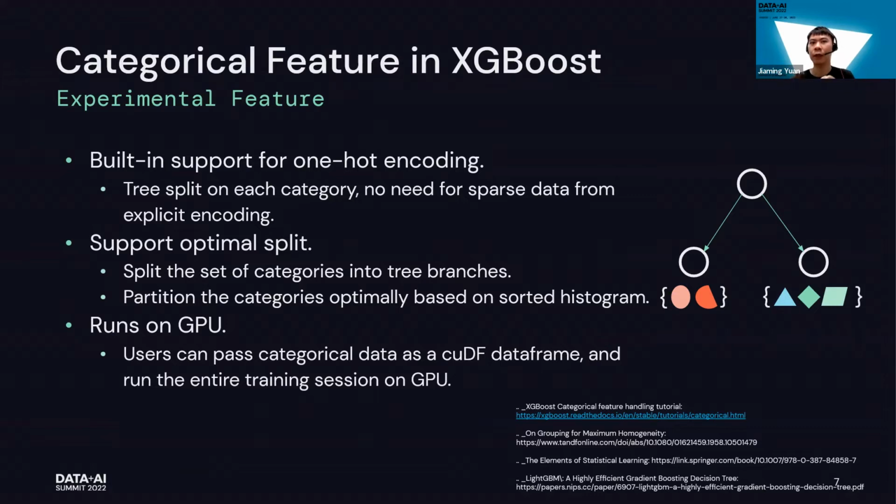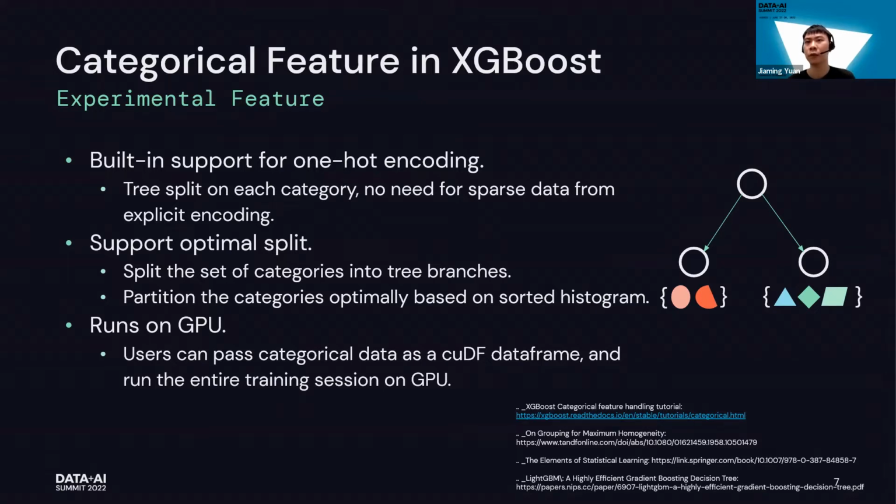The way that we split these categories is mathematically proven to be optimal, and is a well-established technique used in decision trees. It was brought into the context of gradient boosting by another implementation called LightGBM, which is now also supported in XGBoost. So using this technique, the training pipeline can usually converge much faster and build a smaller model.